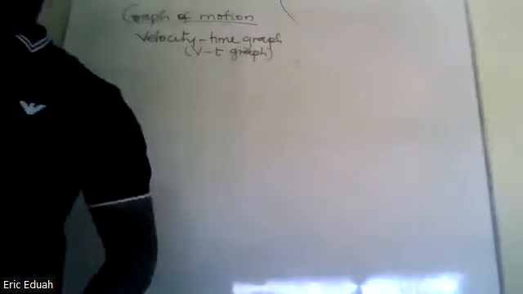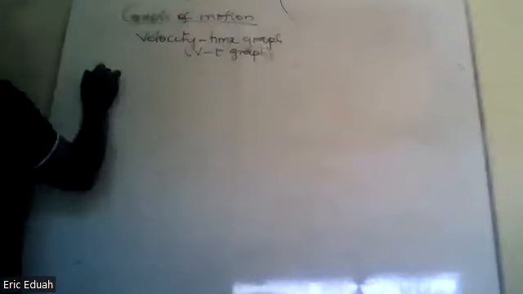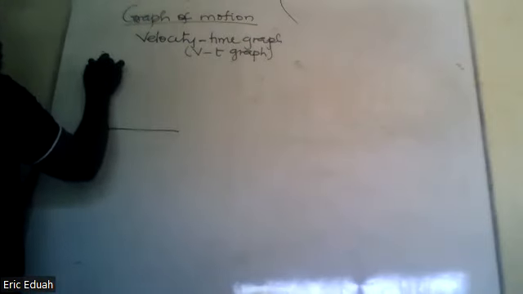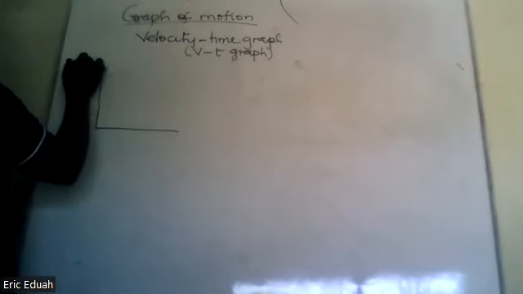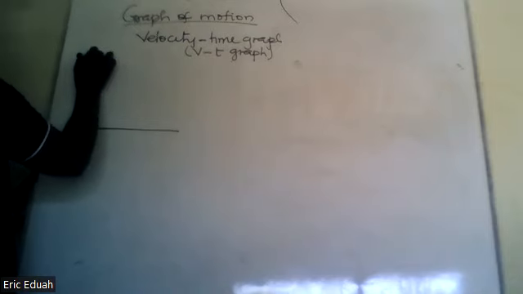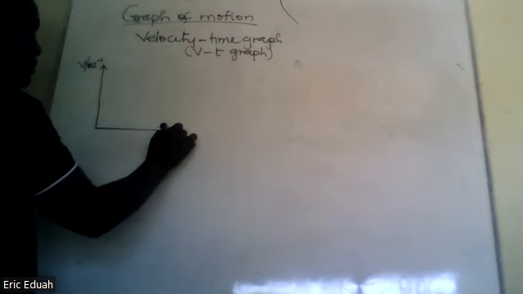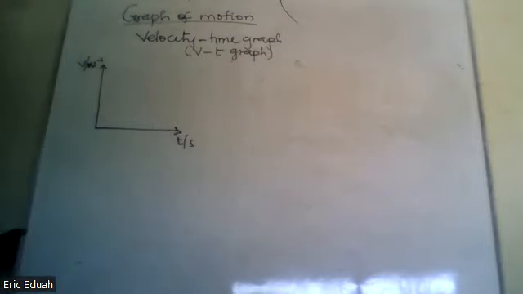So how are you going to write it on the y-axis? So this is the velocity time graph.